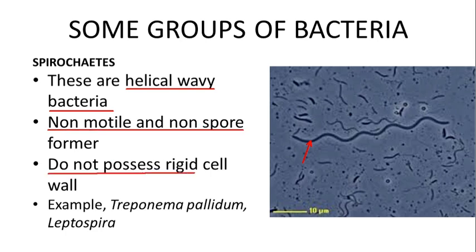They do not have any kind of rigid cell wall. Examples: Treponema pallidum and Leptospira. Treponema pallidum, which causes syphilis, is a kind of spirochete bacteria, and Leptospira is also spiral in shape.